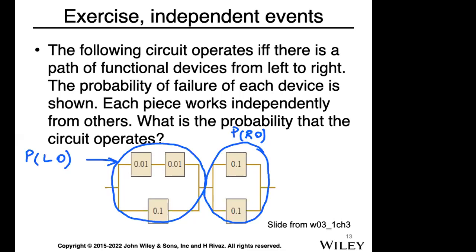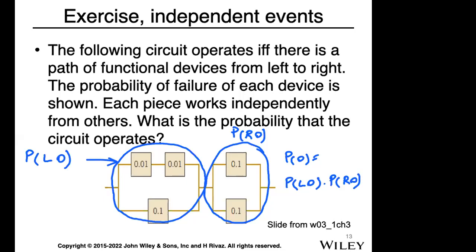My final answer is going to be the probability that the circuit operates, which is P of left part operates times probability of right part operates, because both of them have to operate for this circuit to operate.